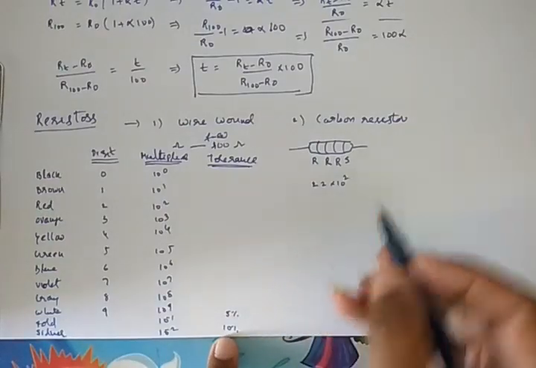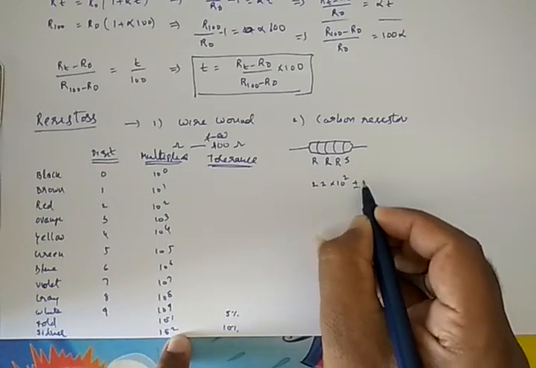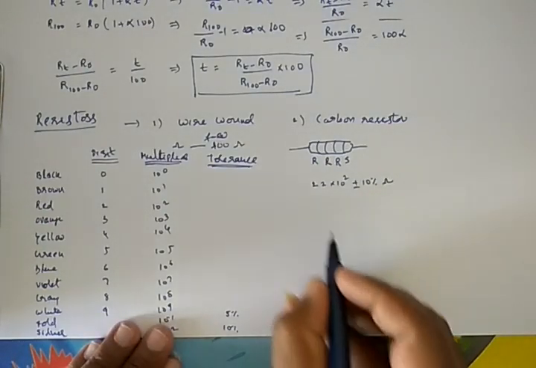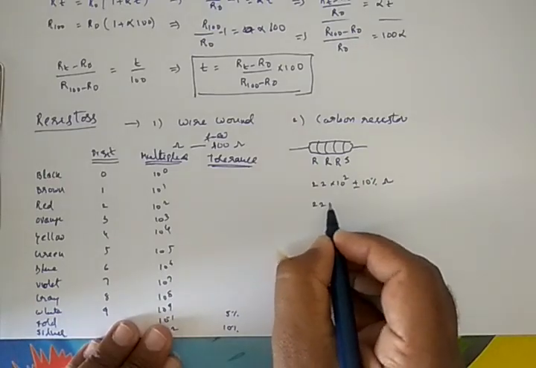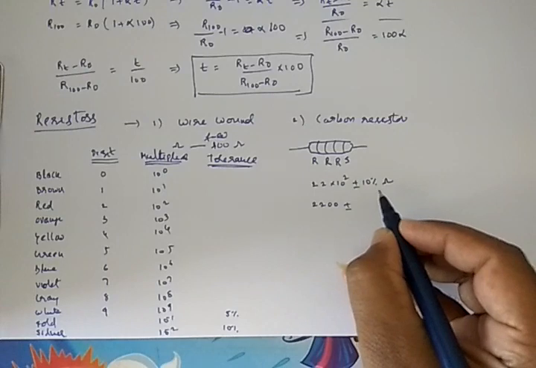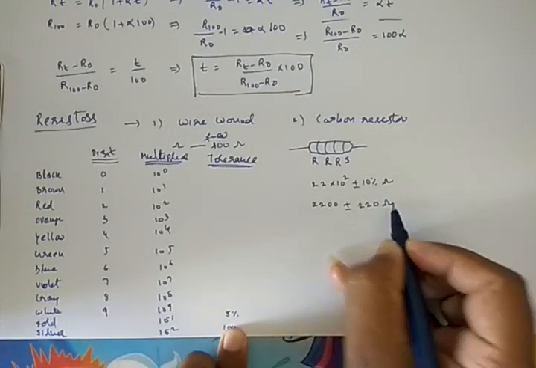For silver, tolerance is 10%. So it means plus minus 10%. You can write this as 2200 plus minus 10%, and 10% of this is 220 ohm.